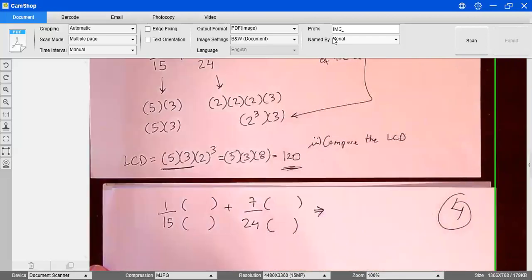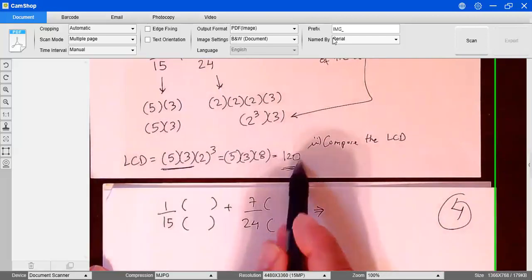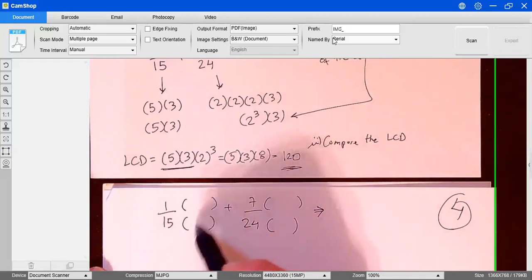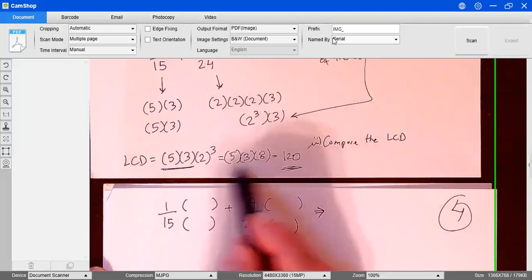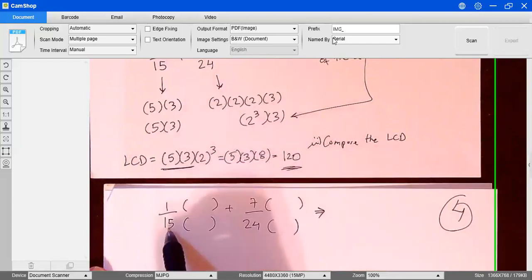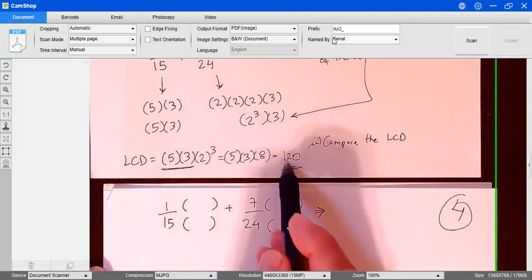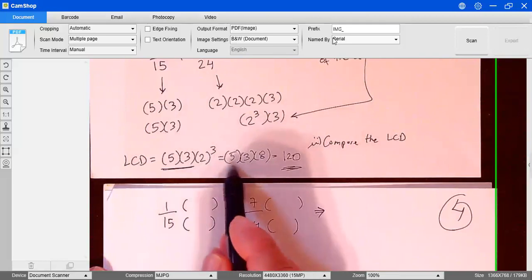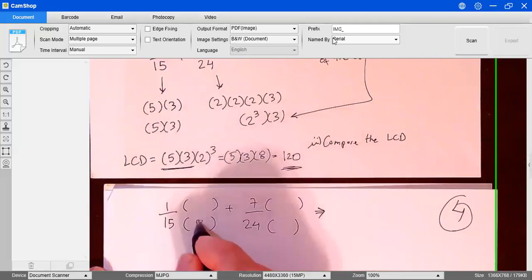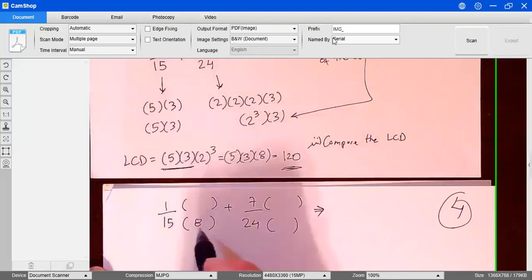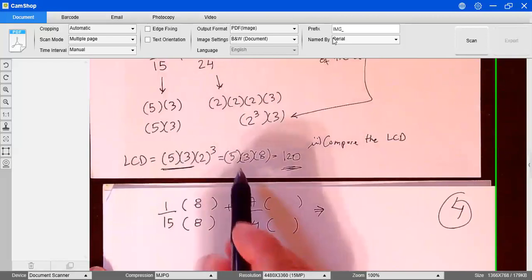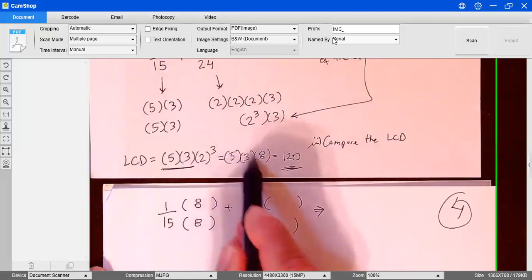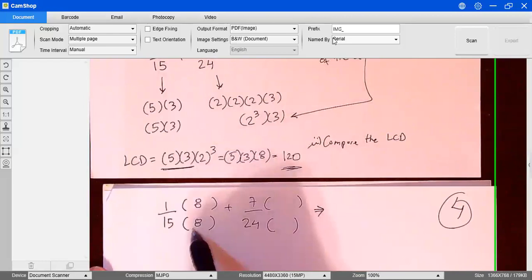Sometimes working with the final answer is not the best way to find these missing factors. It's better when you use the factored form of the least common denominator, because you can see that 15 times something is going to be 120. 15 is already 5 times 3, so the missing part is going to be 8. So you multiply both the numerator and the denominator by 8.